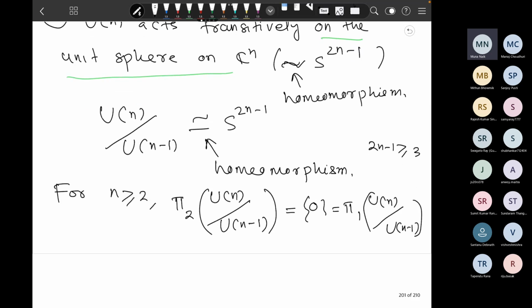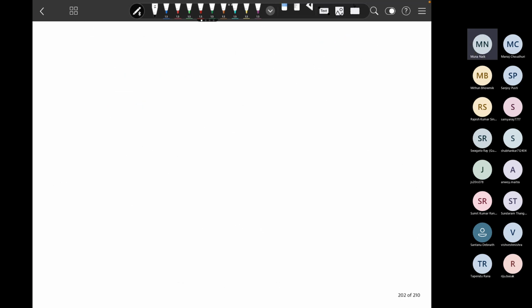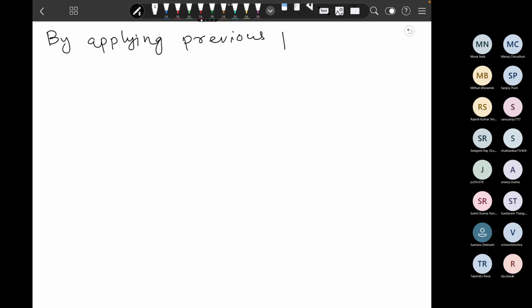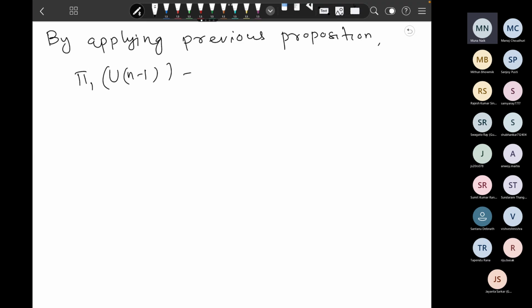So hence, by applying the previous proposition, we get pi_1 of U(n-1) is equal to pi_1 of U(n) for n greater than or equal to 2. Now I put n equal to 2, so I will get pi_1 of U(1) is equal to pi_1 of U(2).